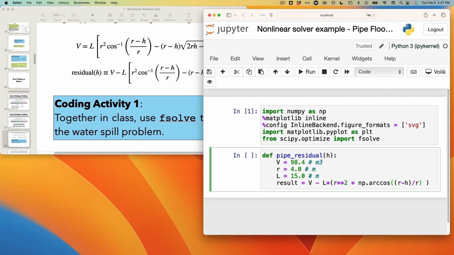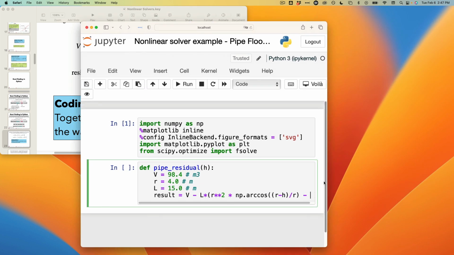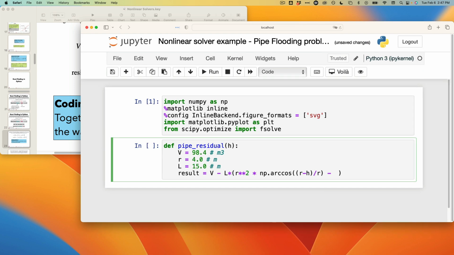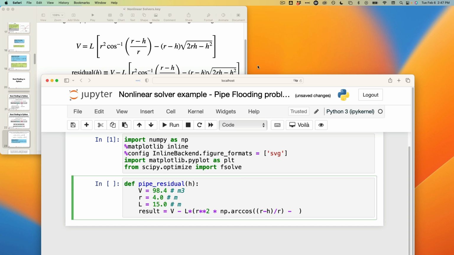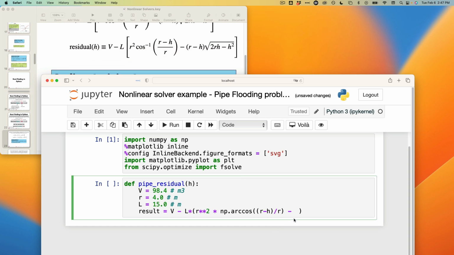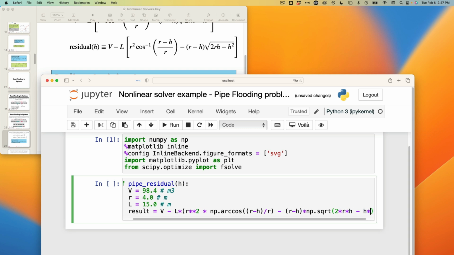Okay, so that closes parentheses. Perfect. Minus, let's expand this a little bit. Minus R minus h times np.sqrt, open parentheses, close parentheses, of 2 times R times h minus h squared.